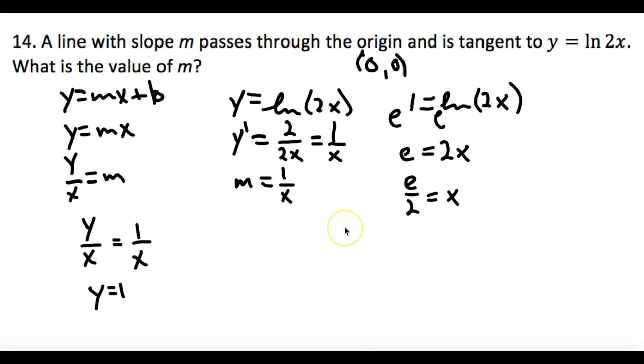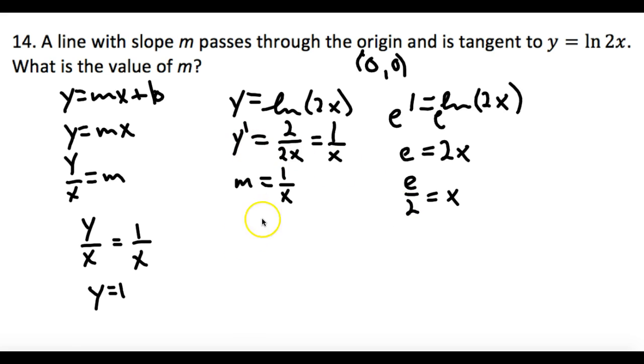So what we've found so far is that the coordinate point where this line is going to hit my curve is at (e over 2, 1). But that doesn't answer the question yet. I still want the value of m, the slope. Well, what I can do now is say I want y prime of e over 2.